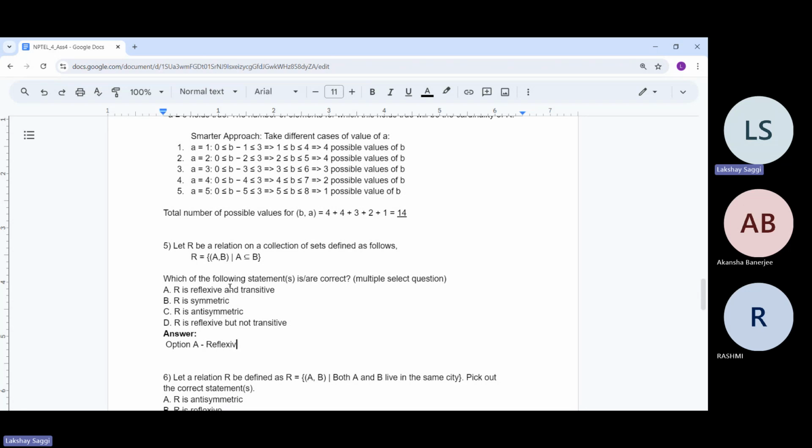First, let's see if it is reflexive. For a relation R to be reflexive, all elements of the form (A, A) should be in R, for all A. We know that a set is a subset of itself, right?